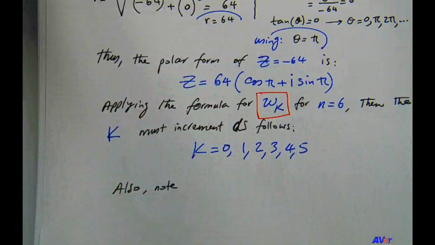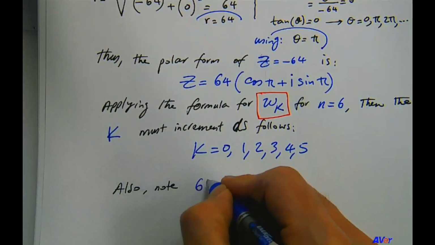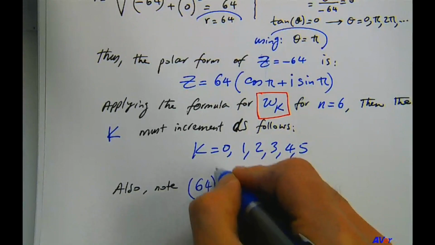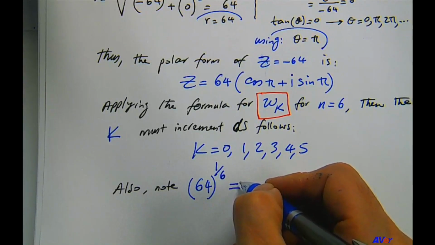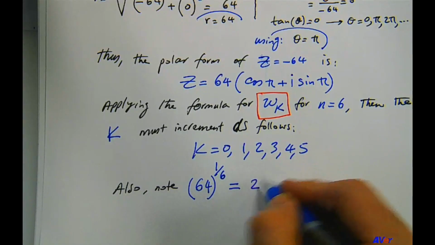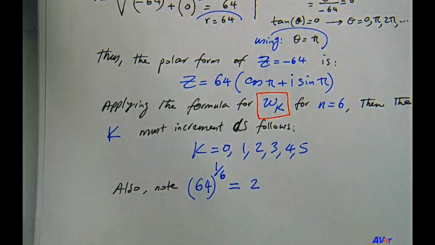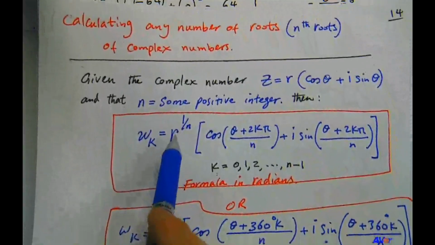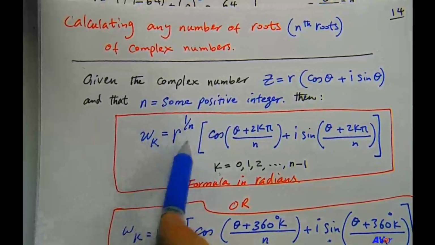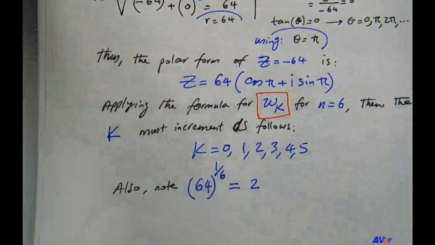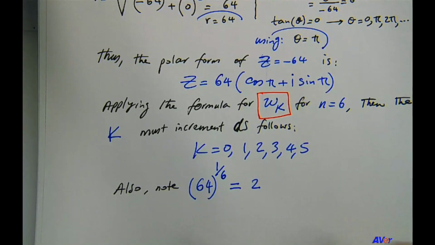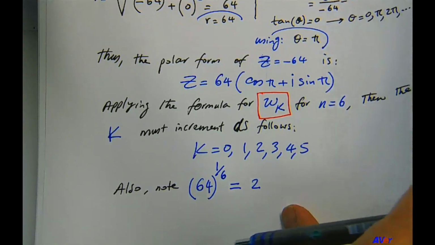So note that 64 raised to 1 over 6 equals 2. Just keep that in mind. So in this formula, wherever we have r to the 1 over n power, we're just going to use 2. Knowing that, let's find the individual roots.